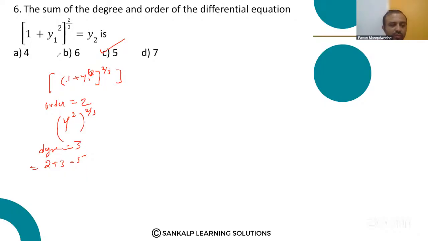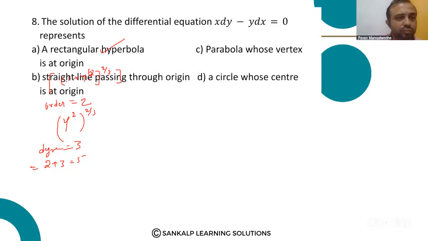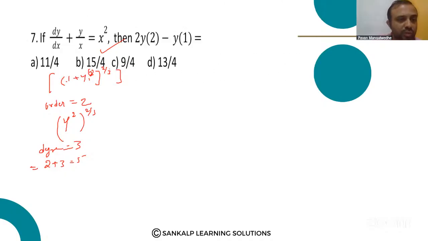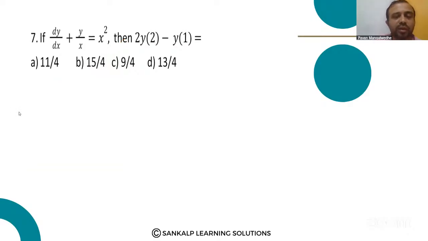The next one, question number 7. If dy by dx plus y by x is x square, then 2y of 2 minus y of 1 is what?